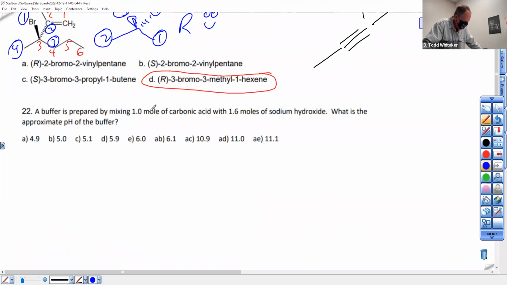Buffer is prepared by mixing 1 mole of carbonic acid. Oh no, I thought he was going to give us the pKa's for all the buffer problems. What's carbonic acid's formula?